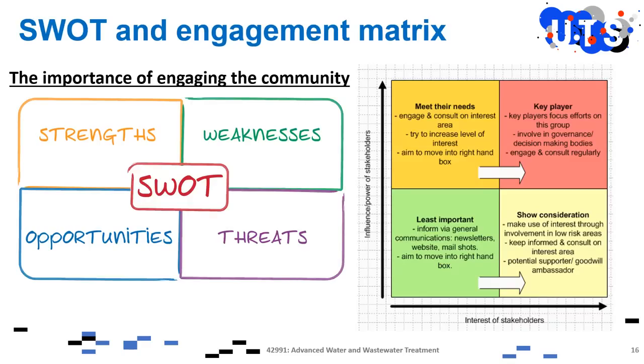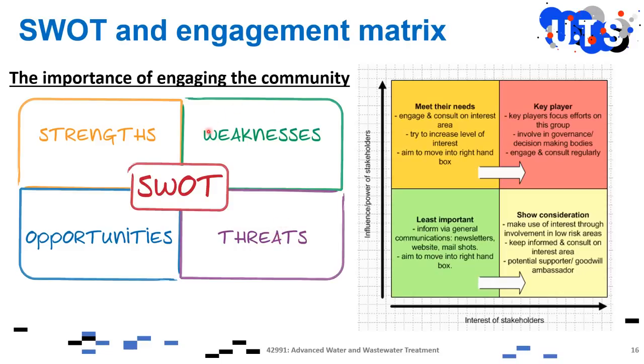And to do some of the projects related especially to wastewater, we will do some analysis, the SWOT analysis, which is the strengths, weaknesses, opportunities, and threats. So we need to identify what are the different areas that need to be focused on.